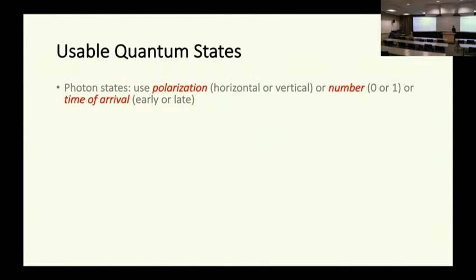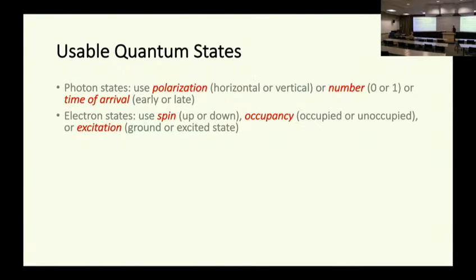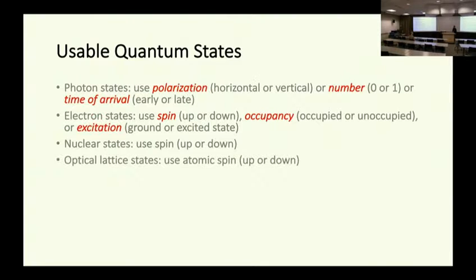So what quantum states can we actually use? Well, you can use photons. You can use polarization. Photons can be horizontally or vertically polarized. You can use the number of photons. You can use the time of arrival. You can use electrons, again, spin up or down. Occupancy, whether something has an electron or not, or excitation, whether it's in a ground or an excited state. You can use nuclear states, spin. There's a thing called optical lattices. There's atomic spin, but you get the idea.